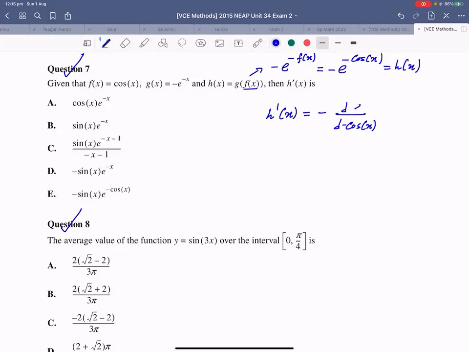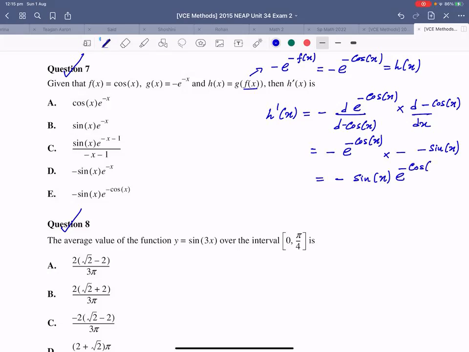Then you do the chain rule, d of minus cos x divided by dx, and that would be minus e to the minus cos x, right, times minus d/dx of cos x is minus sin x. So it should be minus sin x e to the minus cos x, and that would be the answer. And the answer would be E.